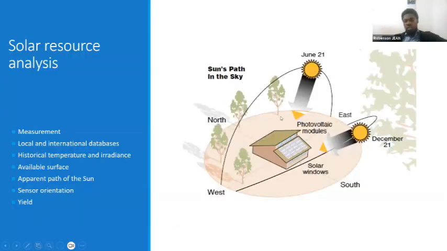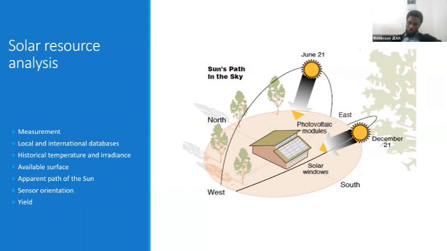There is another very important thing: the way we position our module is very important for the efficiency of our system. For example, if we are in a place where the latitude is like 20 degrees, and we put our collector at 0 degrees, on a horizontal surface, our efficiency will decrease.